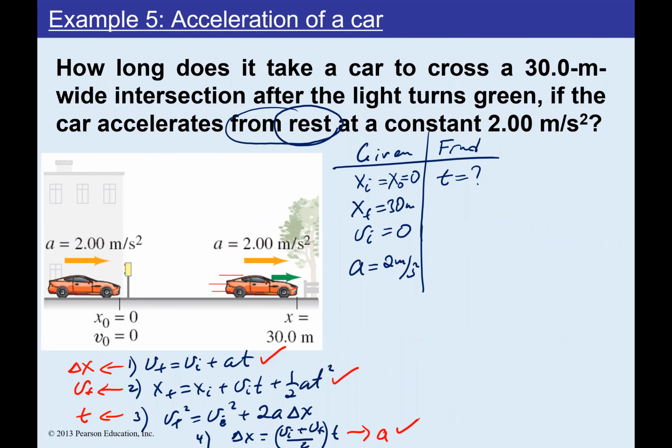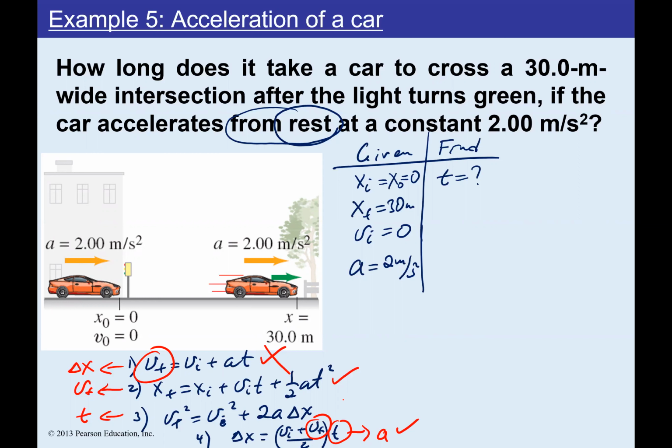Can I use equation 1 to find the time? Think about it. Well, you can't, because in this equation, if time is the one unknown, everything else should be given, but we don't have V final. Same thing in equation 4: you have time and V final, 2 unknowns.